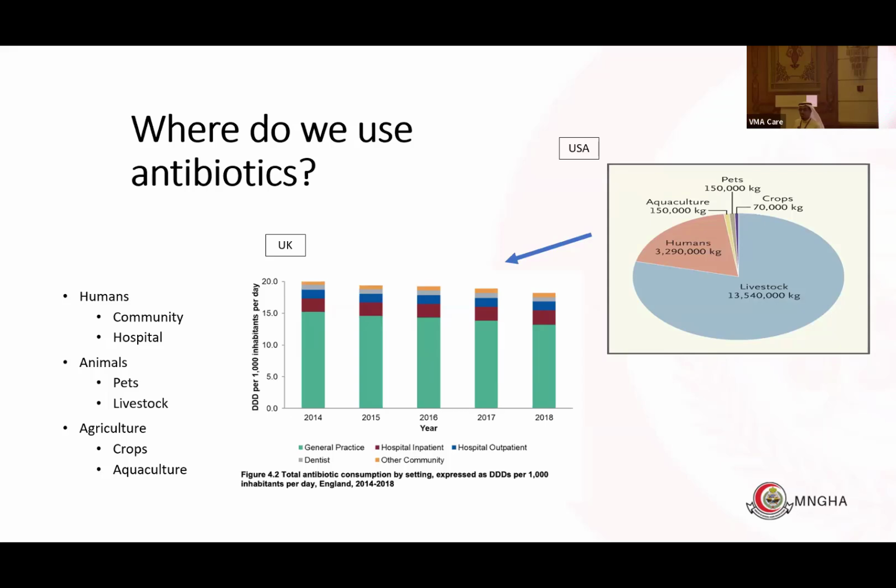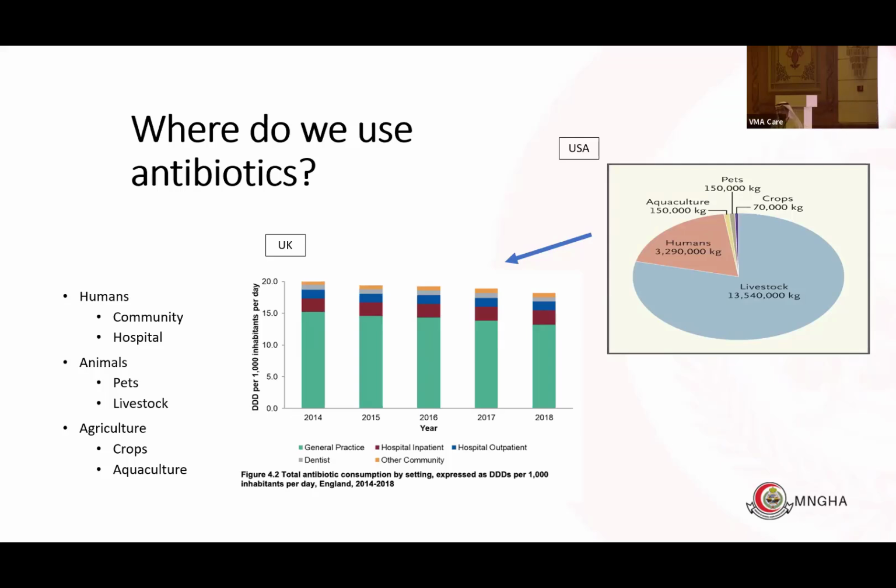There is another study in the UK, just to see the distribution of antibiotics among humans. They found that the green color indicates antibiotic used in the community, while the red color is in the hospital, and the gray one, I think, in the dentist, and then the others in the other community.